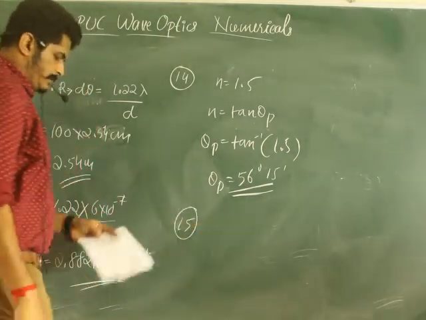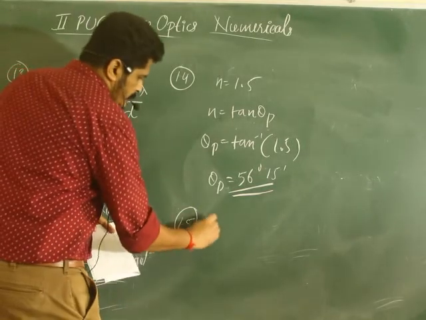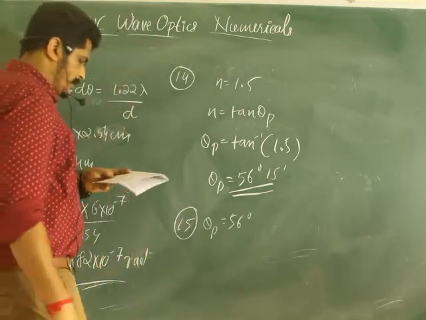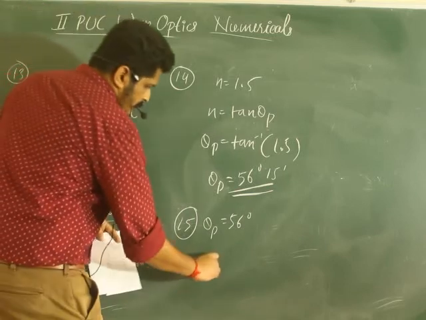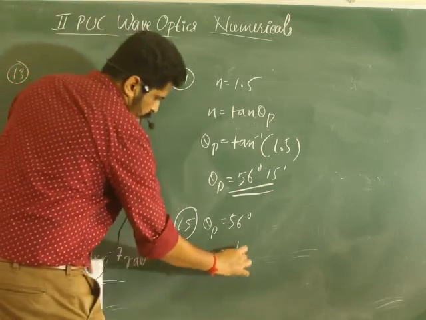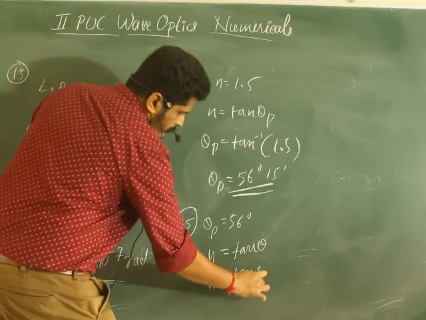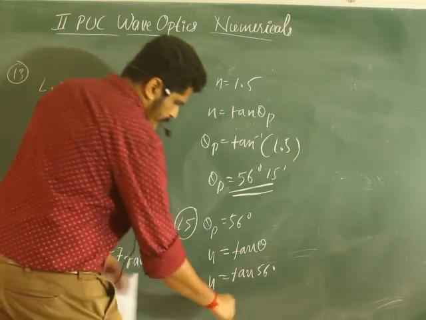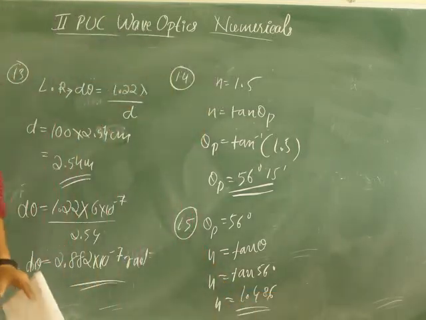Question number 15. Polarizing angle of an optical medium is given. Theta p is given, that is 56 degree. Calculate critical angle. So, of course, n equal to tan theta p. So, n equal to tan 56 degree. So n equal to how much you will get, 1.486 you will get. Check.